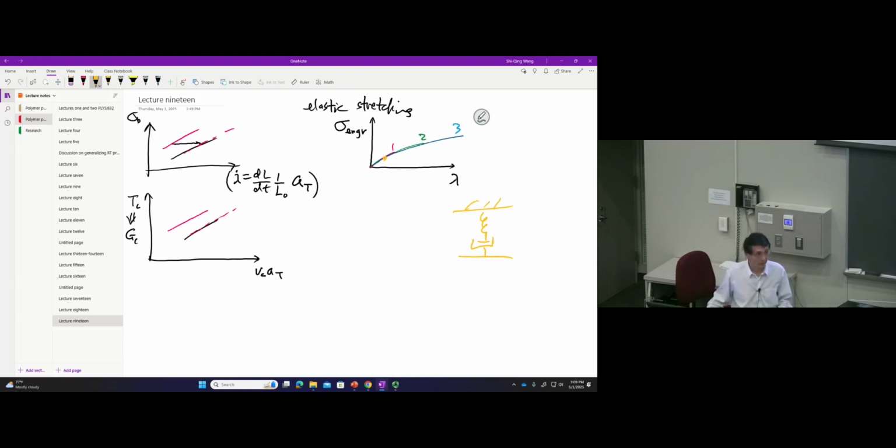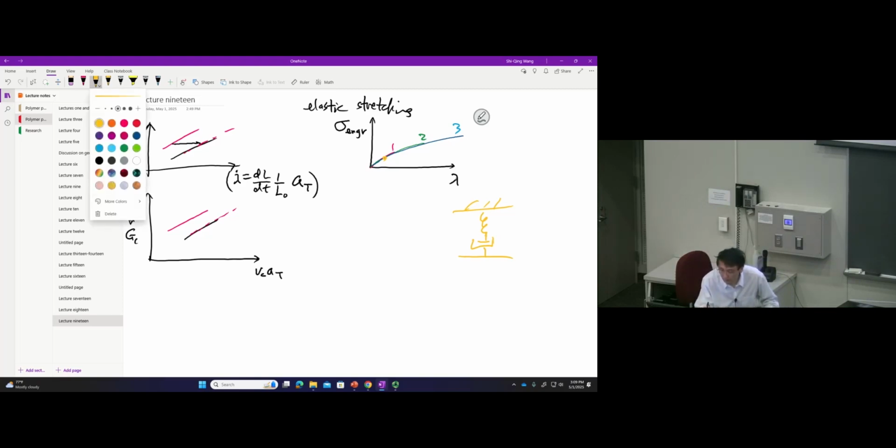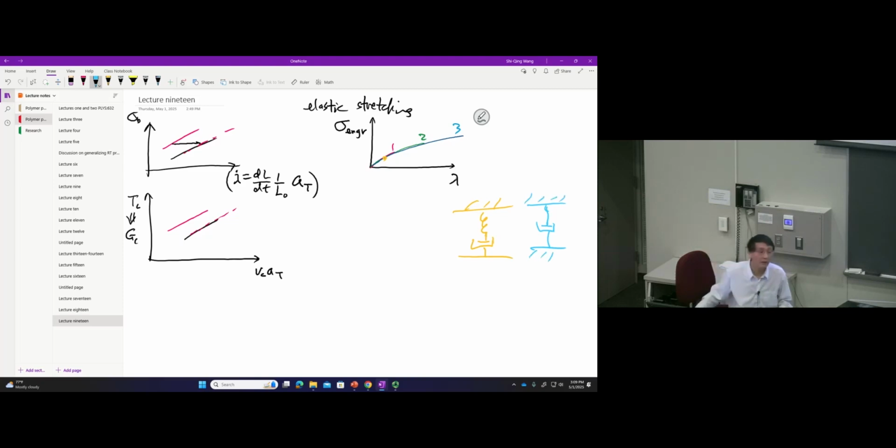The key point here, by the way, you should also know what is, instead of Hookean element, what is a Newtonian element? It's that. Do you know that in either of these two limiting cases, there's no such thing as a relaxation time?